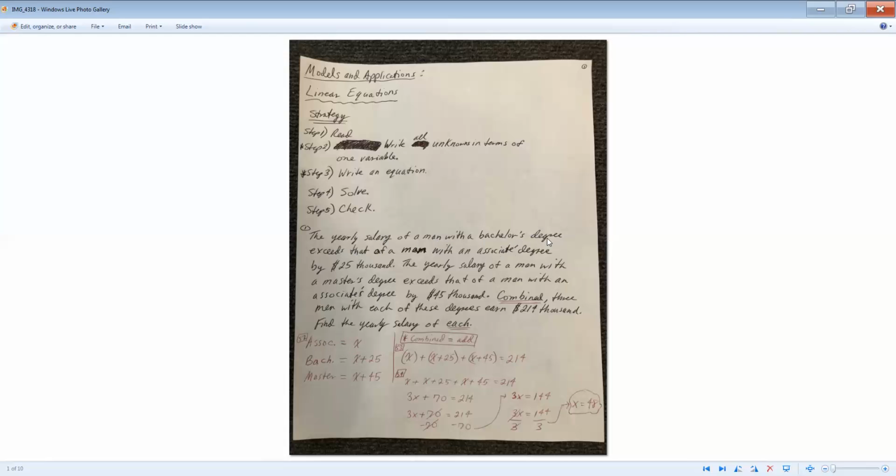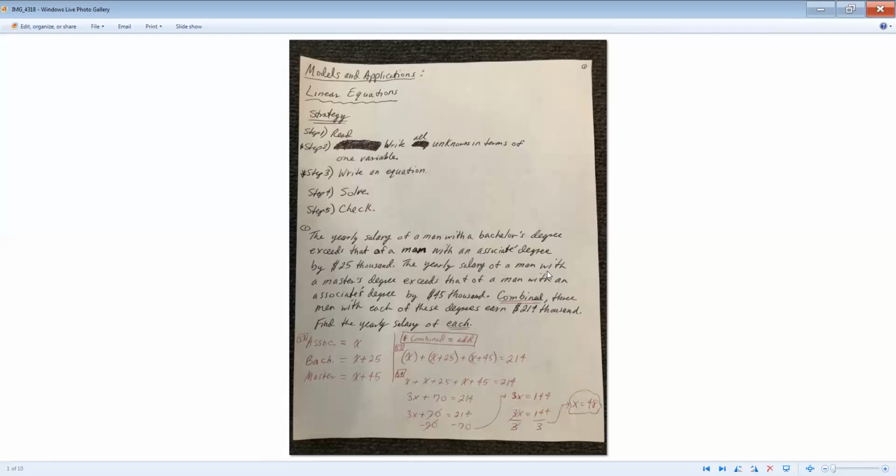The man with the bachelor's degree exceeds that of a man with an associate's by 25,000. So if you're talking about just exceeding someone by 25, then that means you're adding 25. That means if the associate's made 5,000, if you add 25 to it, then that would be 30,000. So it would exceed that by 25. So the bachelor's would be X plus 25.